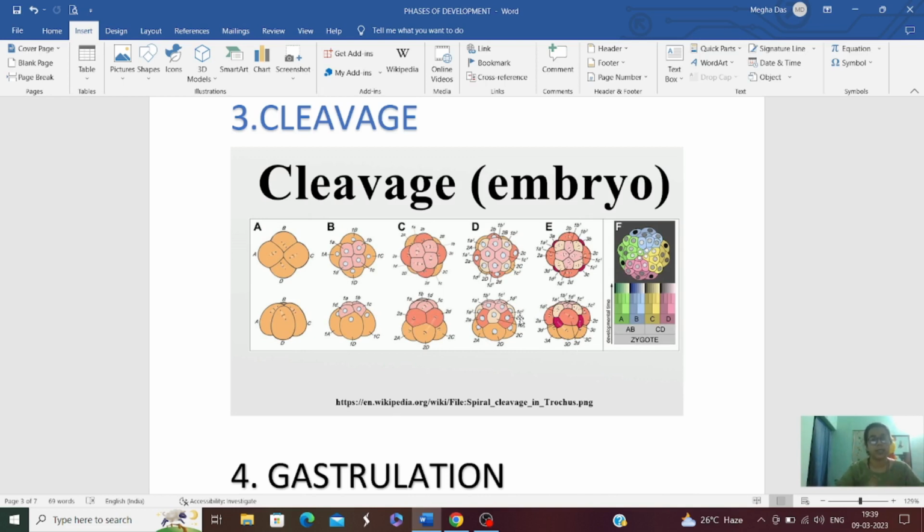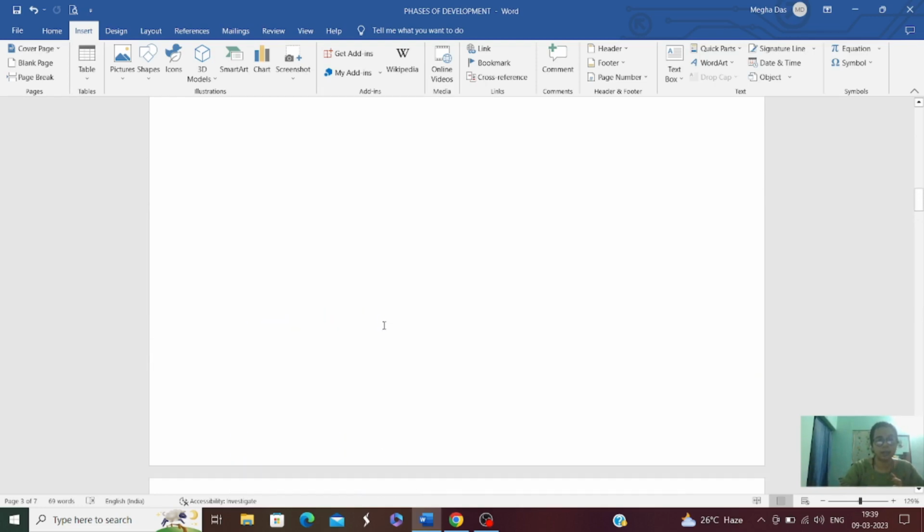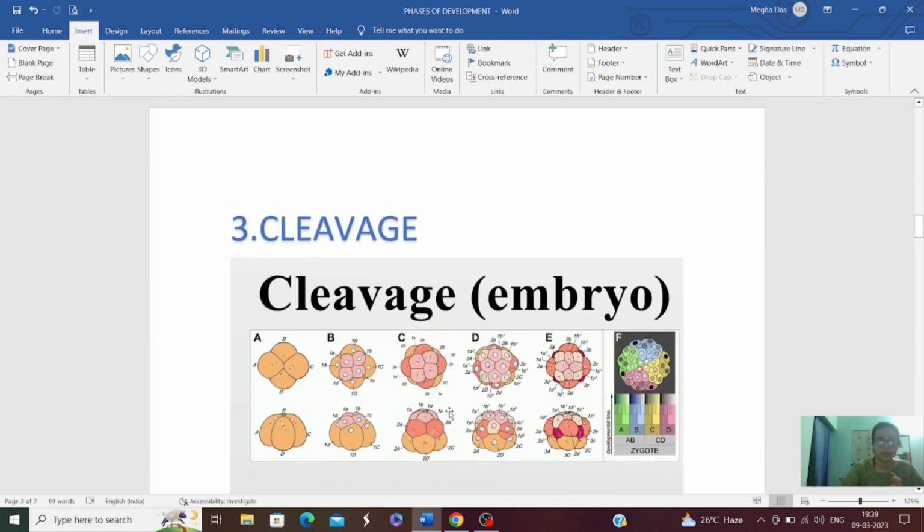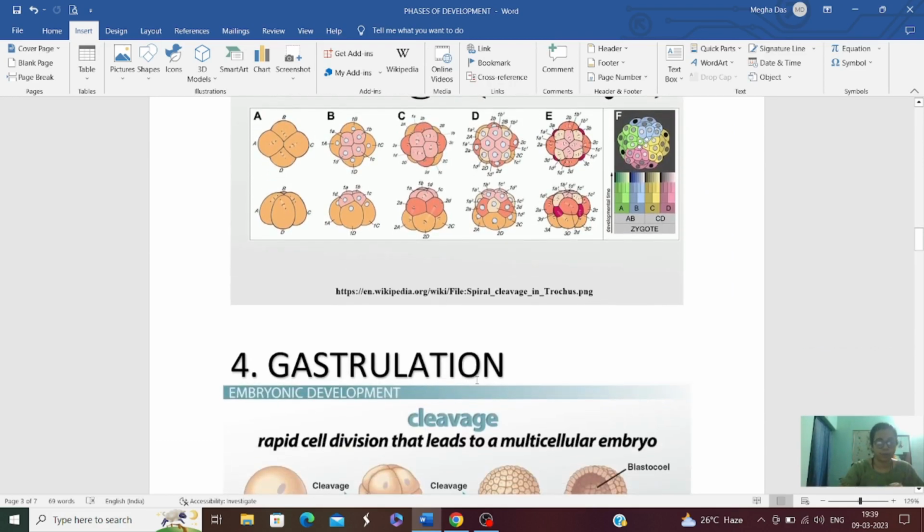First the morula is formed, then the blastula, and then finally the gastrula is formed. This one also we will be dealing with in detail. So you can see here, first of all, this is a single cell. Then it undergoes cleavage, that is a number of divisions, and finally forms the gastrula.